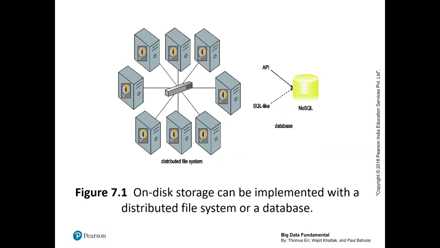Here you can see that disk storage can be implemented with a distributed file system or a database. As I told you, your file is divided into many parts across different processors. Usually in big data, NoSQL is used, not the normal SQL. MongoDB can also be used.